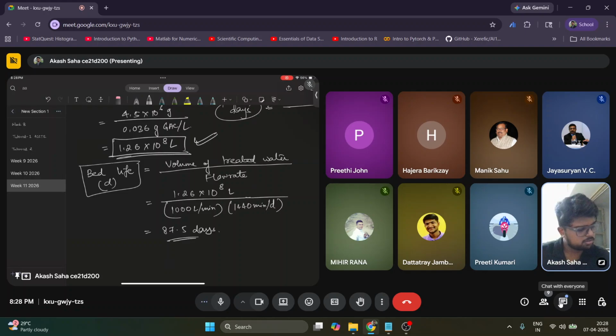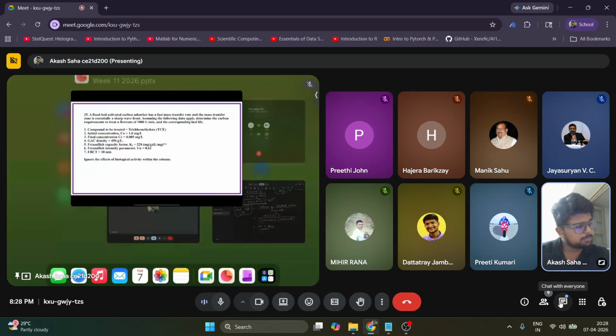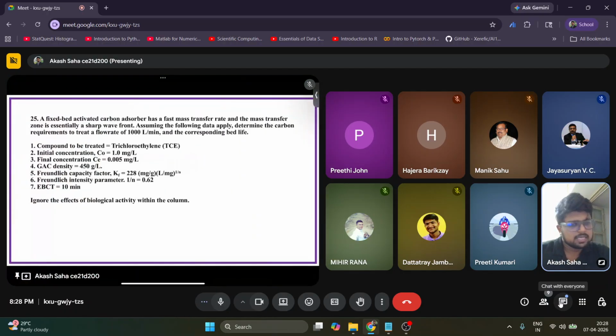Actually, in the problem, this is the value of KF. I think most of us just did it like QE equals KF C to the power 1 by n, right? But the KF value itself is 228 to the power of 1 by n.